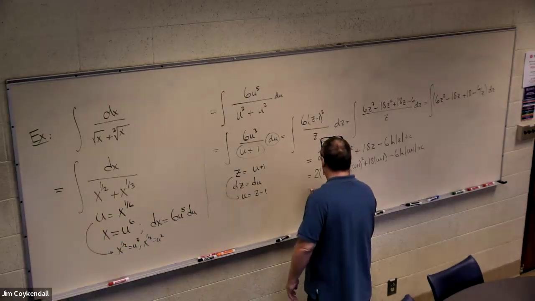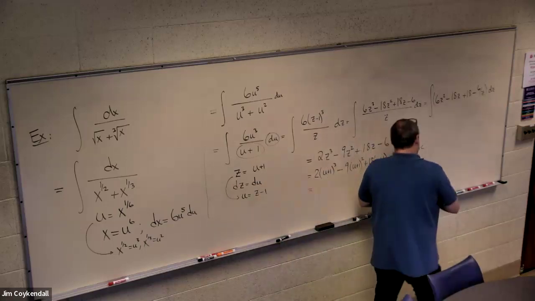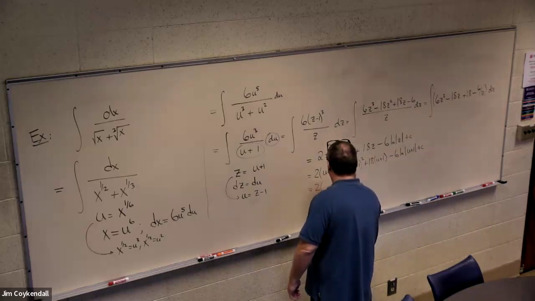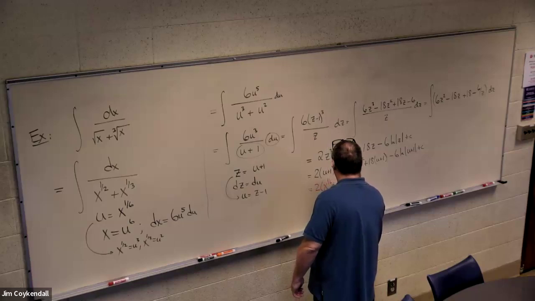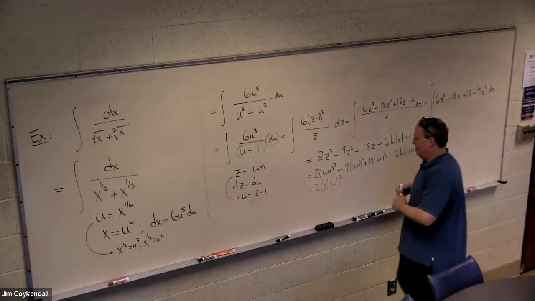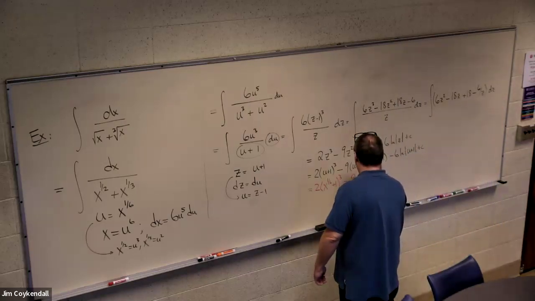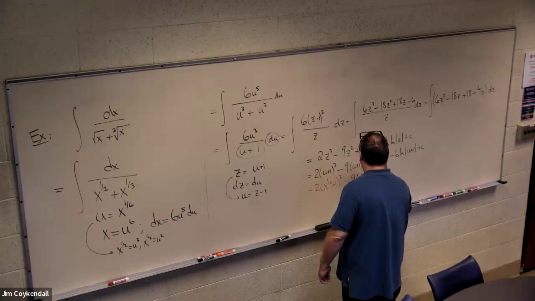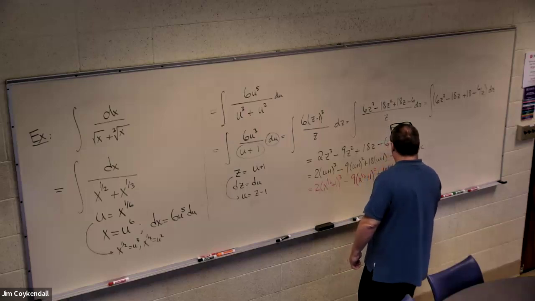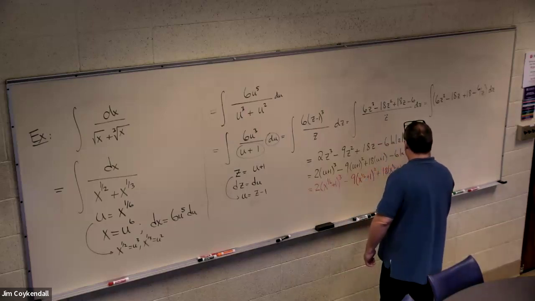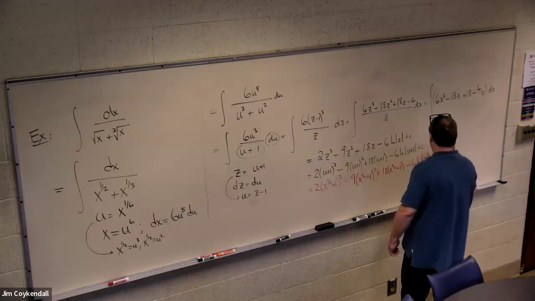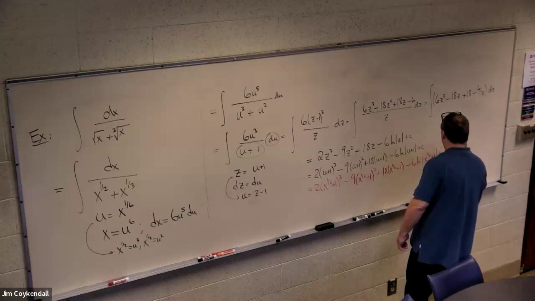So this is 2 times (x to the 1/6 plus 1) cubed, minus 9 times (x to the 1/6 plus 1) squared, plus 18 times (x to the 1/6 plus 1), minus 6 natural log absolute value of (x to the 1/6 plus 1), plus a constant.